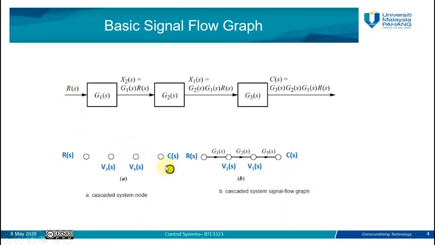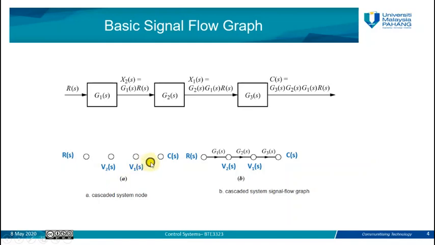Then the other node we call C(s), the output node. In between, we also have 2 nodes. We have a node which represents X2, we call it V2. We can call it X2 or V2, any name for the variable. And we have another node for X1, we call it V1. So in total, we have 4 nodes.